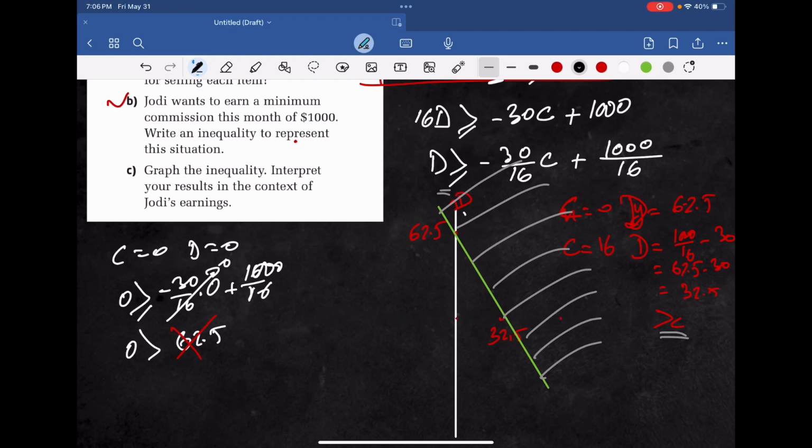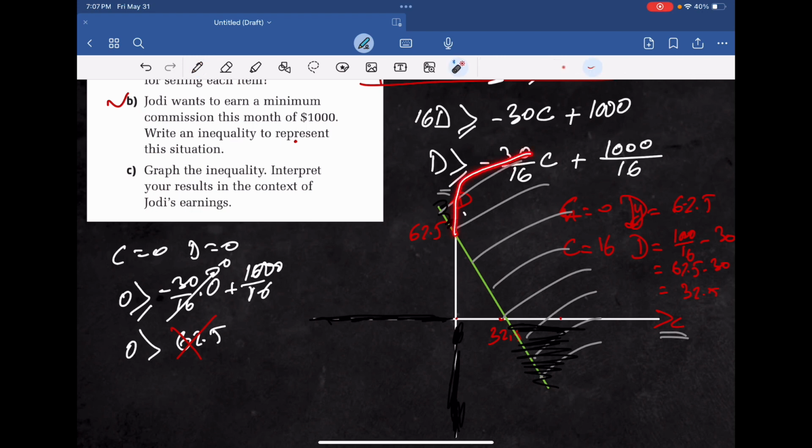So the only thing we will have is this portion of the graph, like this.